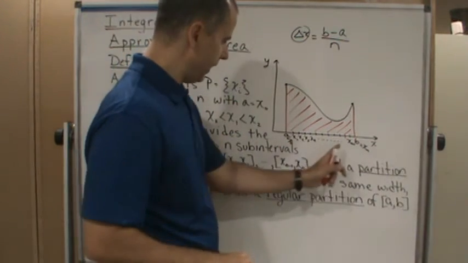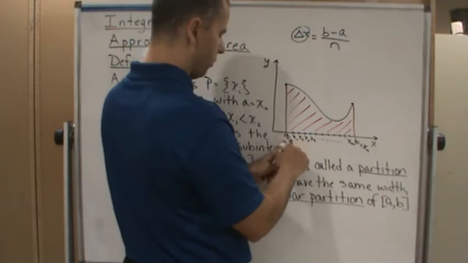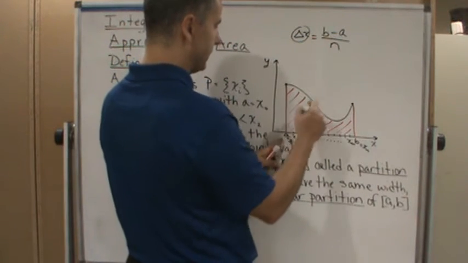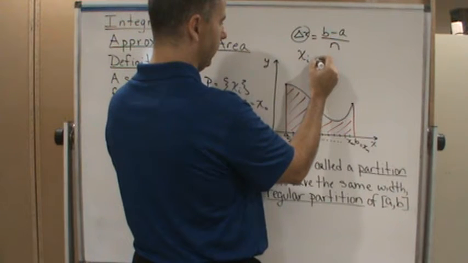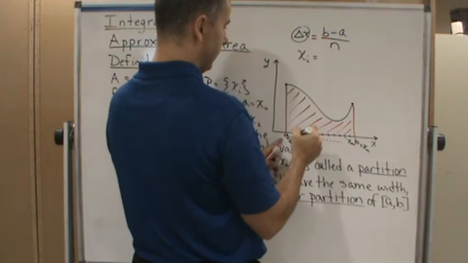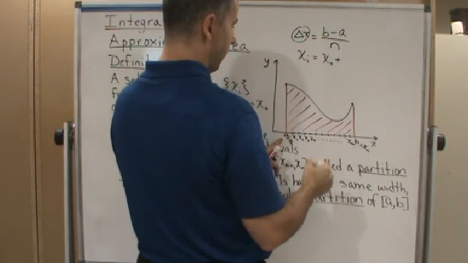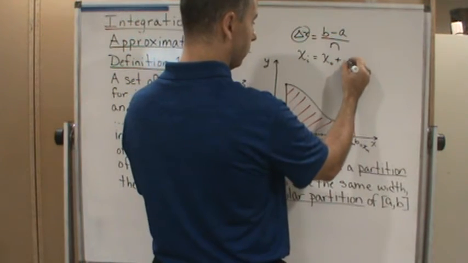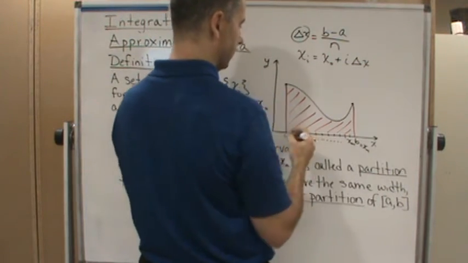So if I wanted to find the value of each one of these x values, I start with the initial value a, which is x0, and I can find x of i by setting it equal to x of 0 plus whatever multiple of delta x.